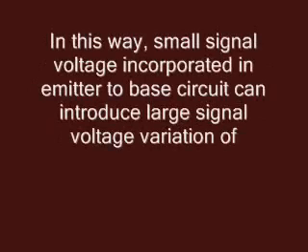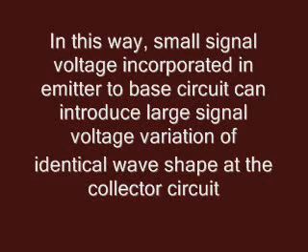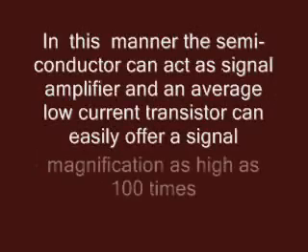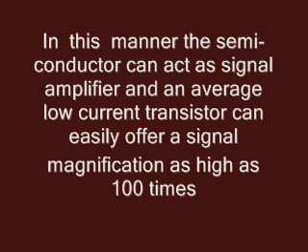In this way, a small signal voltage incorporated in the emitter to base circuit can introduce a large signal voltage variation of identical wave shape at the collector circuit. In this manner, the semiconductor can act as a signal amplifier, and an average low current transistor can easily offer a signal magnification as high as 100 times.